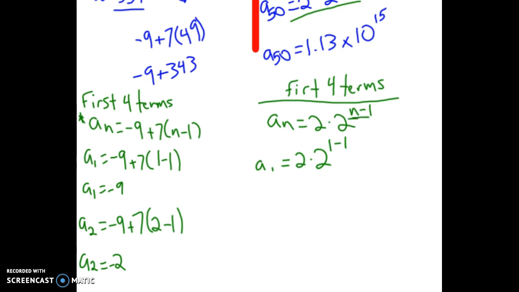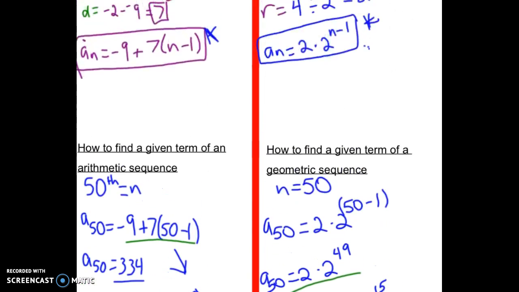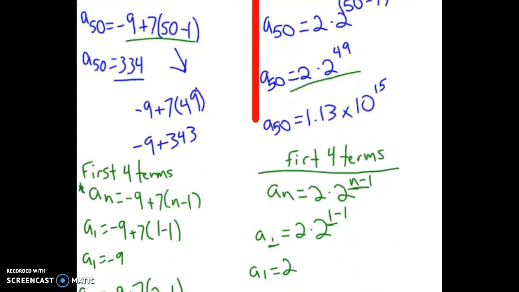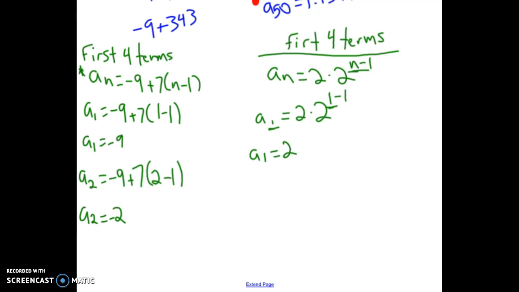Instead of n, I just replaced it with 1 because I'm trying to find the first term. And then I do that math. A sub 1 equals 2 raised to 1 minus 1, which is 0, and anything raised to 0 is 1. A sub 1 is 2. You can check your work. A sub 1 is indeed 2. My first term is 2. That's that process. So I'd repeat that process. So go ahead and find a sub 2, 3, and 4 just to check your work.